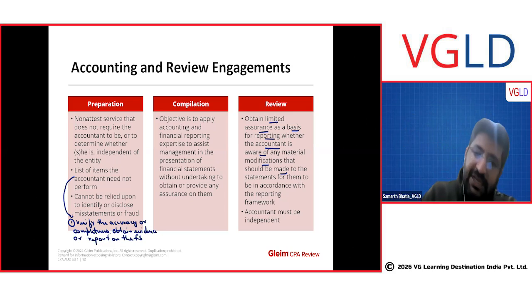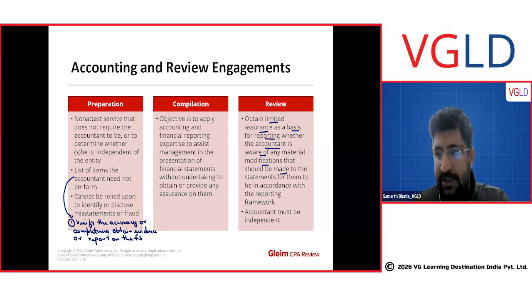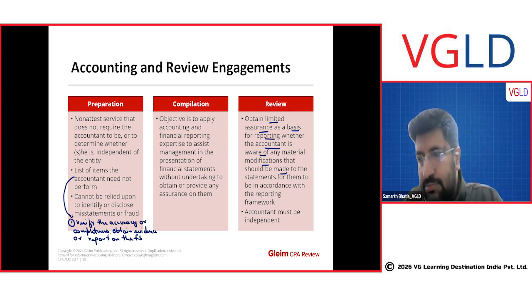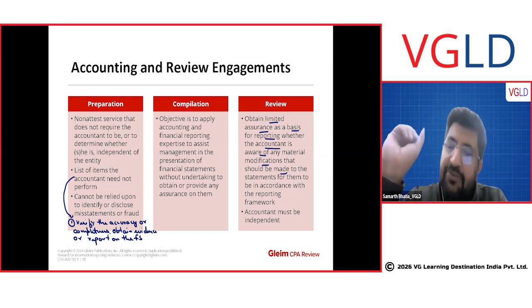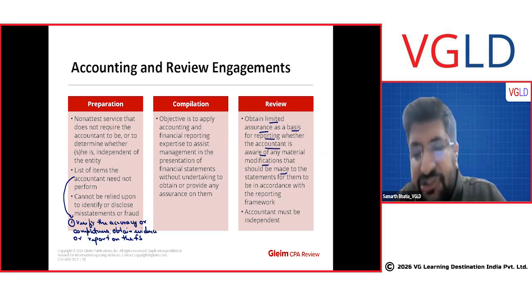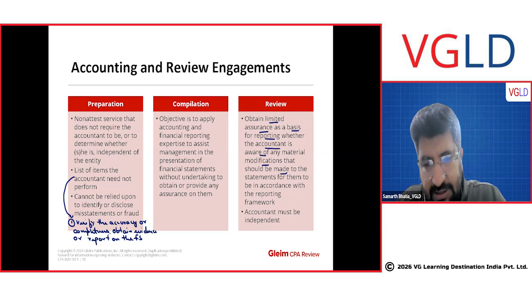If the accountant is not aware of any material modification needed, that must be disclosed. So ultimately the review provides a limited or negative assurance. We are saying we are not aware of any material modification.